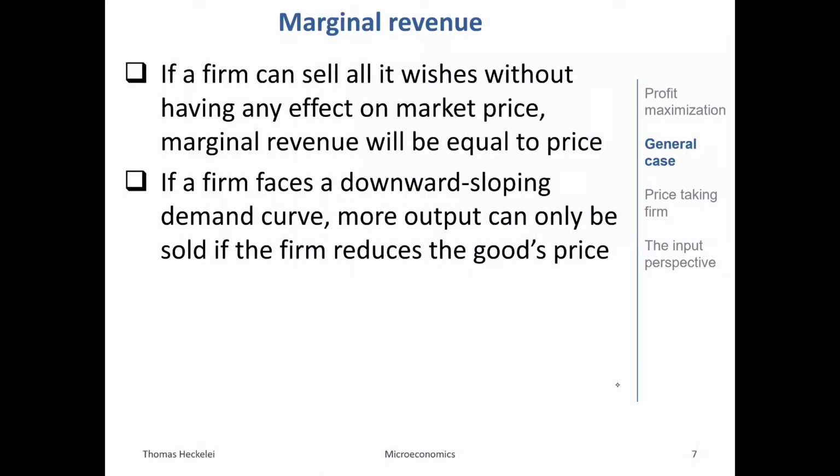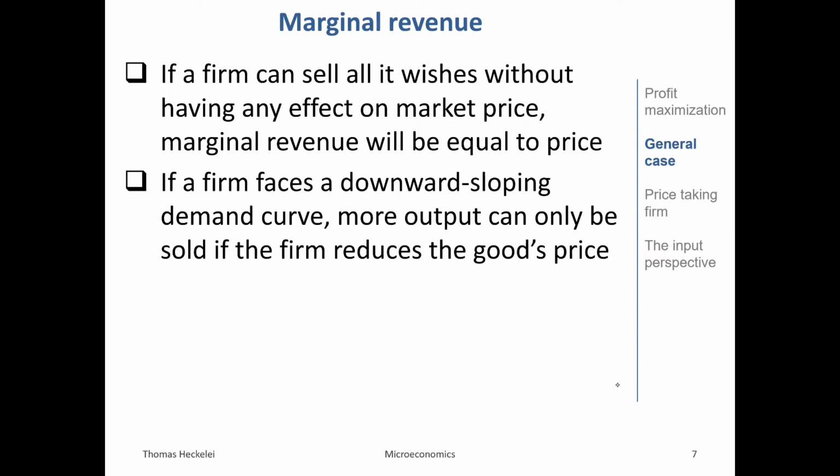Now we can discuss a bit further about whether the firm has market power to influence market price and its implication for the marginal revenue. So the first case is the firm has no influence on market price.